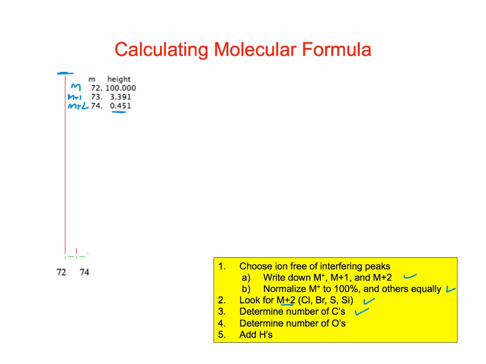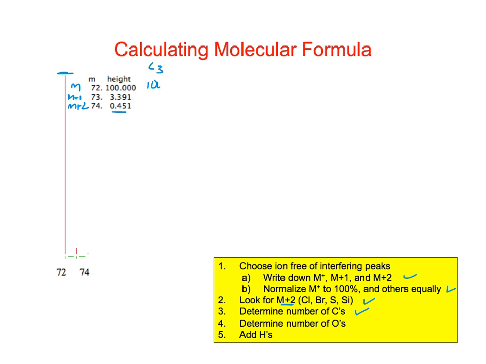All right, so now we're going to look at the M+1 peak. And we see that it's 3.39. This one's easy enough, but we can look at that table 2.2. 3.3, right? So how many carbons? 3 carbons, right? So I'm just going to write C3 up here.